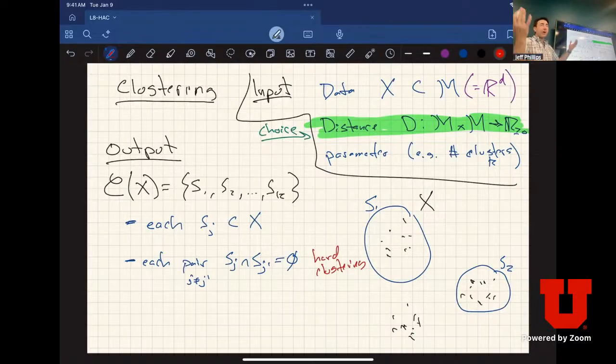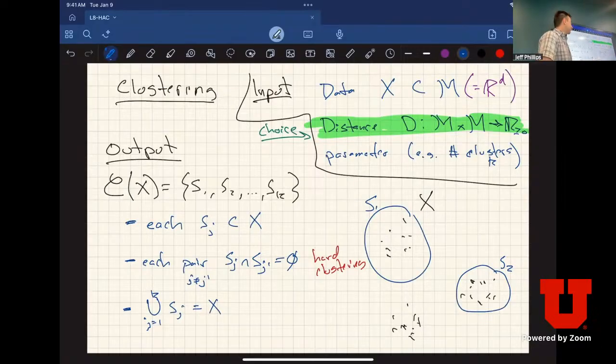There's something called soft clustering, which would allow this. We aren't going to talk too much about soft clustering in this class, maybe in the last lecture. And then we'll also say that the union over j equals 1 up to K of Sj is going to be equal to the whole set.